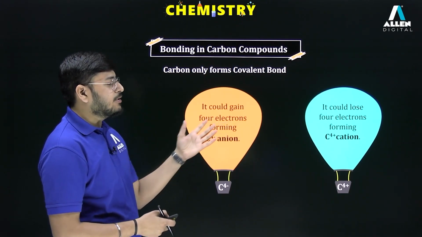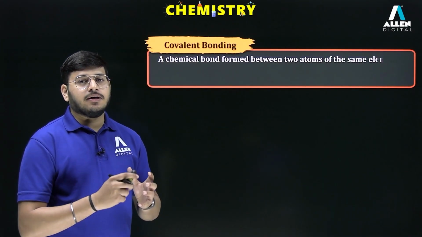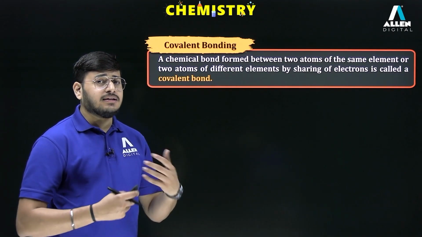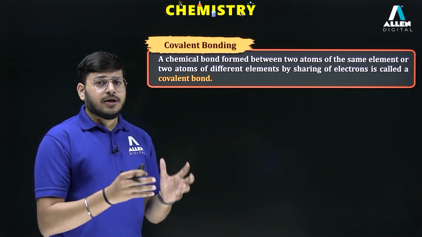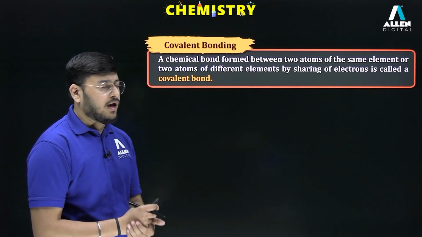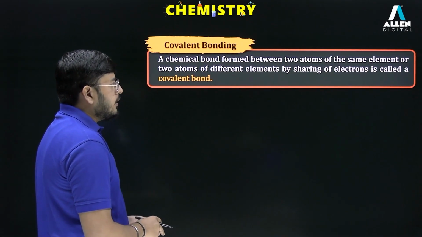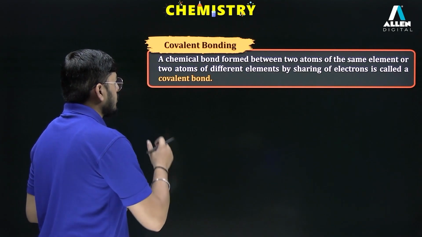So what should carbon do? Carbon forms covalent bonding by the sharing of electrons. Carbon neither gains nor loses electrons. It shares the electrons with another element. So what is this covalent bonding? The bonding formed in the case of carbon is called covalent bonding.